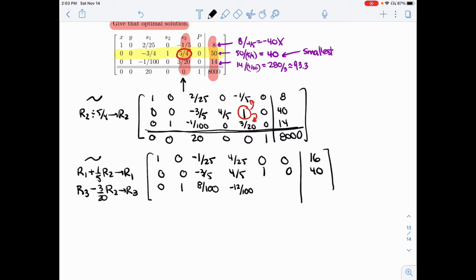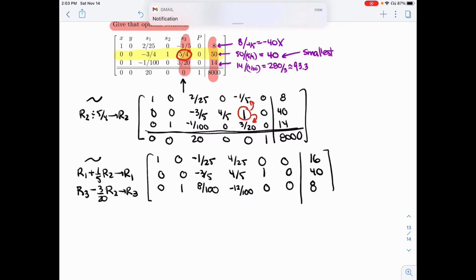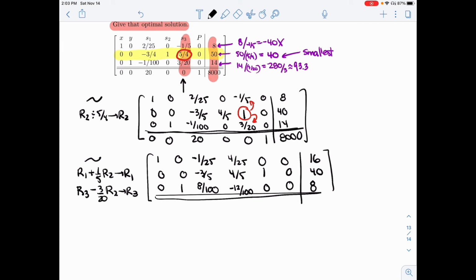Again, I could simplify this. 0, 0, and then 40 times, that's minus 6, and so 14 minus 6 is 8. All right, this is what I get.